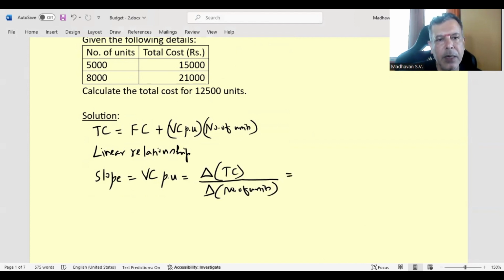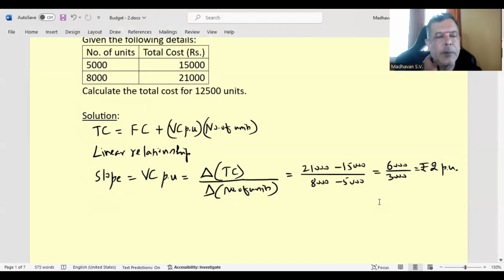So that is 21,000 minus 15,000 divided by 8,000 minus 5,000. That gives you 6,000 divided by 3,000, so you get rupees 2 per unit. So variable cost per unit will be 2 per unit.